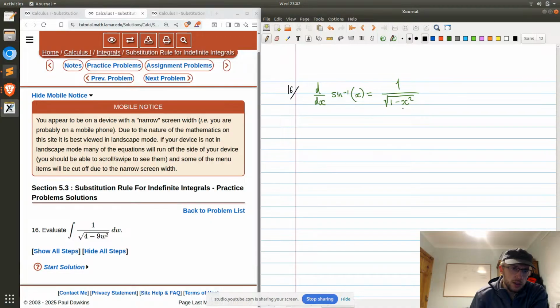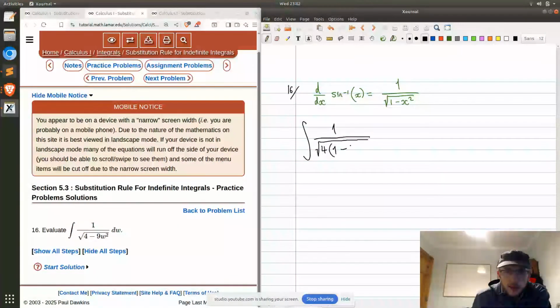Okay, you know what? I think this thing here is gonna become something like this. So first, I'm going to bring 4 outside of the brackets like that. Then I'm going to put a 1 there. And then they want me to do 9 over 4, but I'm not going to do that.